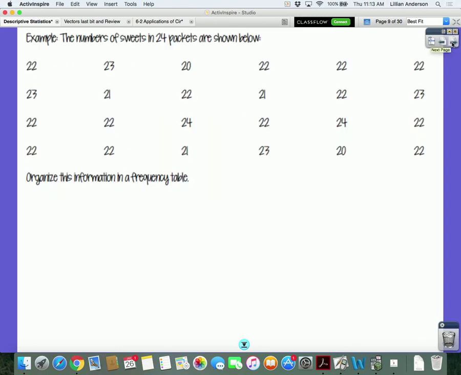So right here it says the number of sweets in 24 packets are shown below. You have 24 different packets, and this is the number of sweets that are in each one of the packets. Now 24 is really not a lot, but it could have been more, all right? But all this information can be organized into a frequency table, okay?